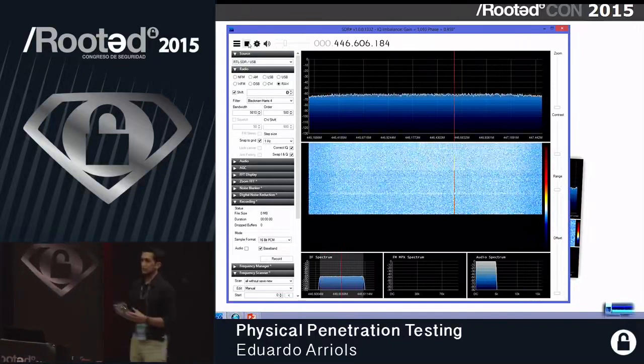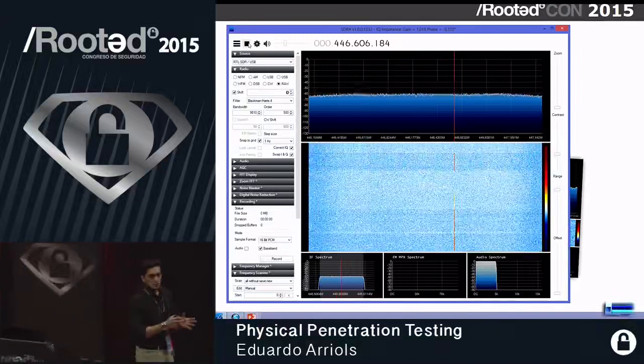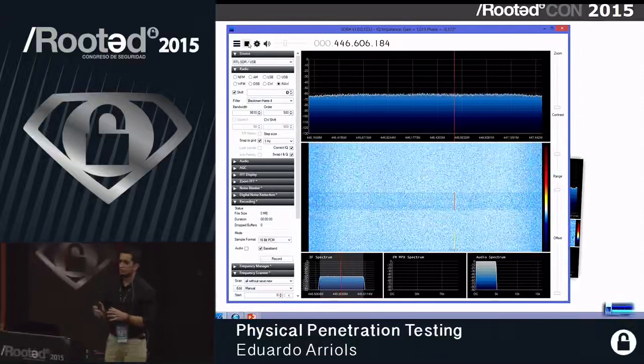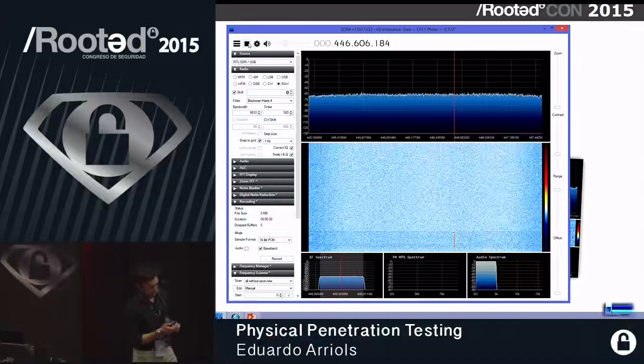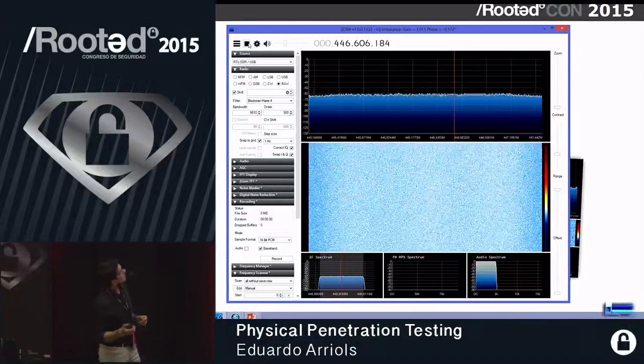So, walkie-talkies, those that are not used for private communication, use two frequencies: one in the US, and then another frequency out of the US.